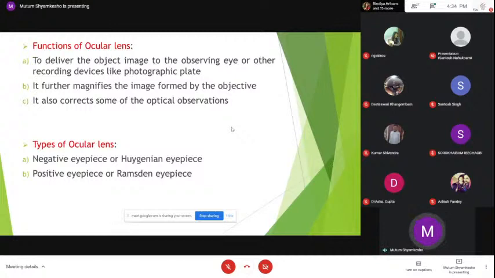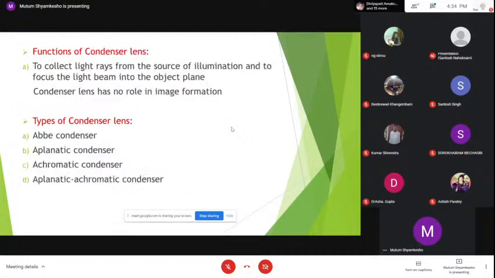And then when we come to the condenser lens, one function of the condenser lens is that it has to collect the light rays from the source of illumination, and it has to focus the light beam onto the object plane so that it can illuminate the object.